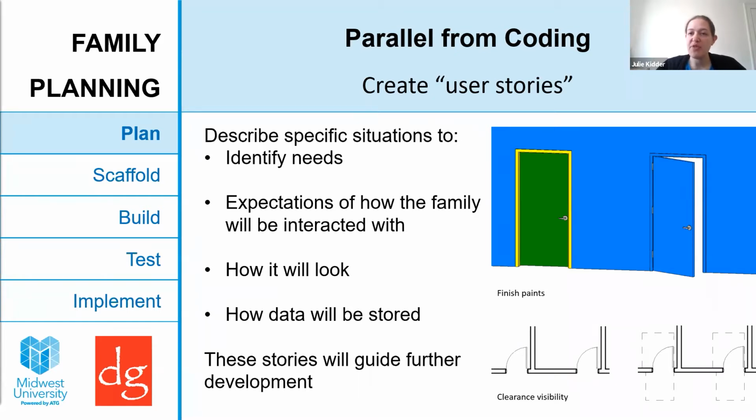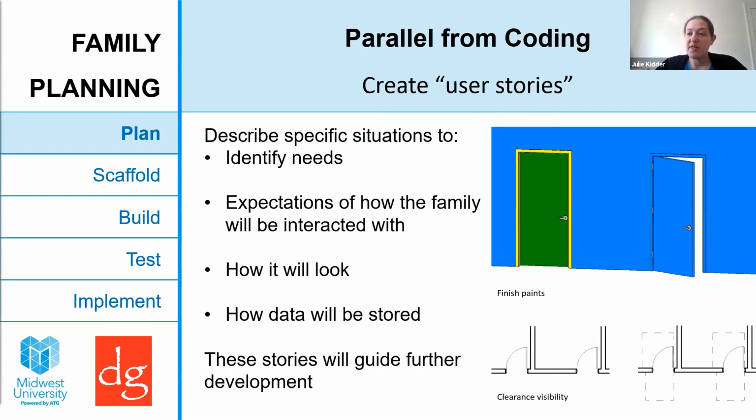And it really helps to think about the same thing with Revit families, because if you can describe some specific situations, it helps identify what you need, expectations of how a family would be interacted with, how it will look, how the data will be stored and retrieved. And then those can guide development and help outline some features.